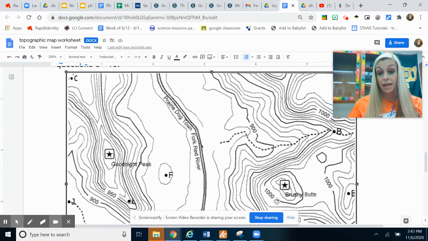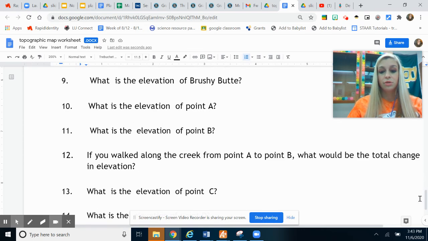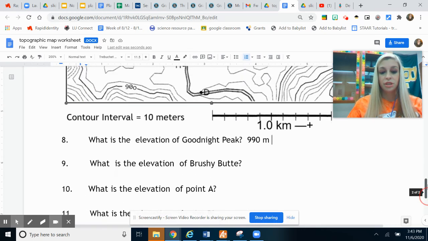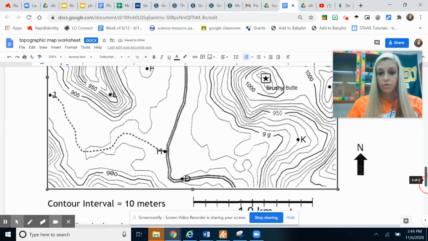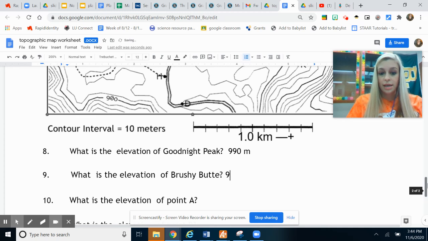Remember, we're counting by tens from the dark circle. So 1,000, 1,010, 1,020. Funny name. What did I say? So the answer is 1,020 meters.